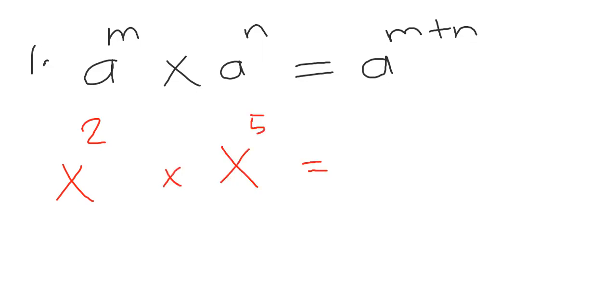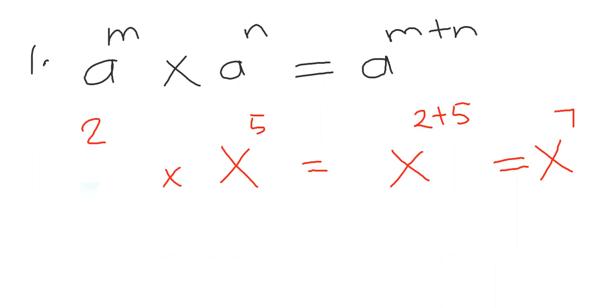The rule says, since my base is x, even this side I should have an x. Then I have to add my powers. I'm going to add the 2 plus the 5, and the 2 plus 5 gives me a 7. So the final answer is x to the power 7.